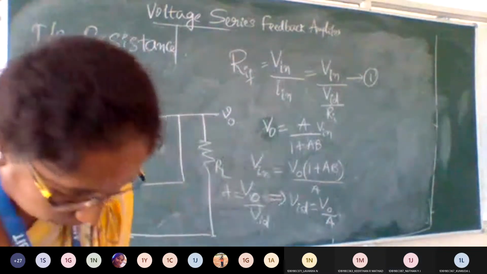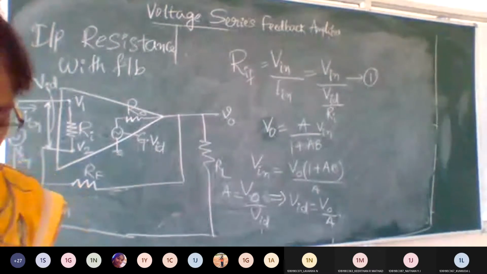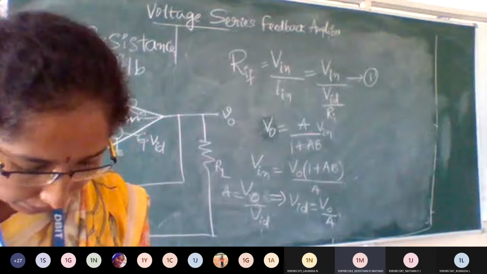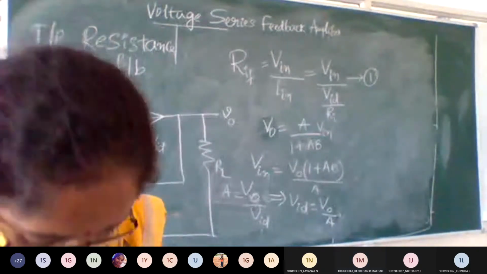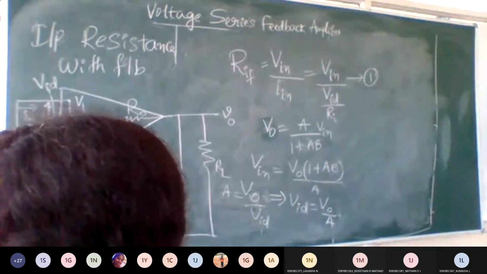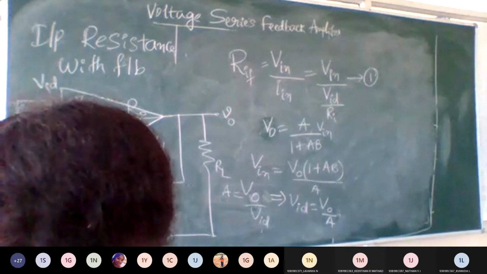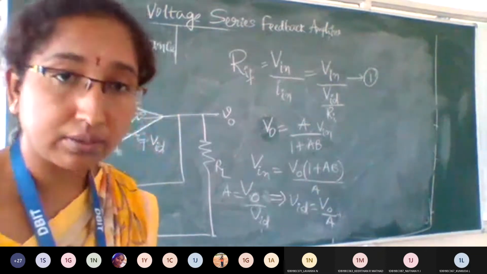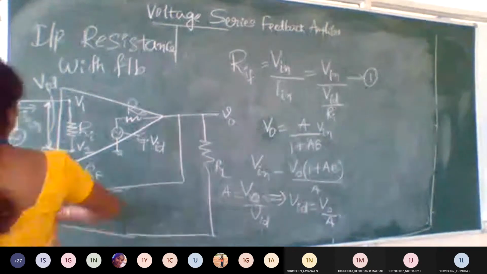Where does RI shift? 1 plus AB is correct. With that, one more term you fix. RI into 1 plus AB comes. Yes, all of you got the same.